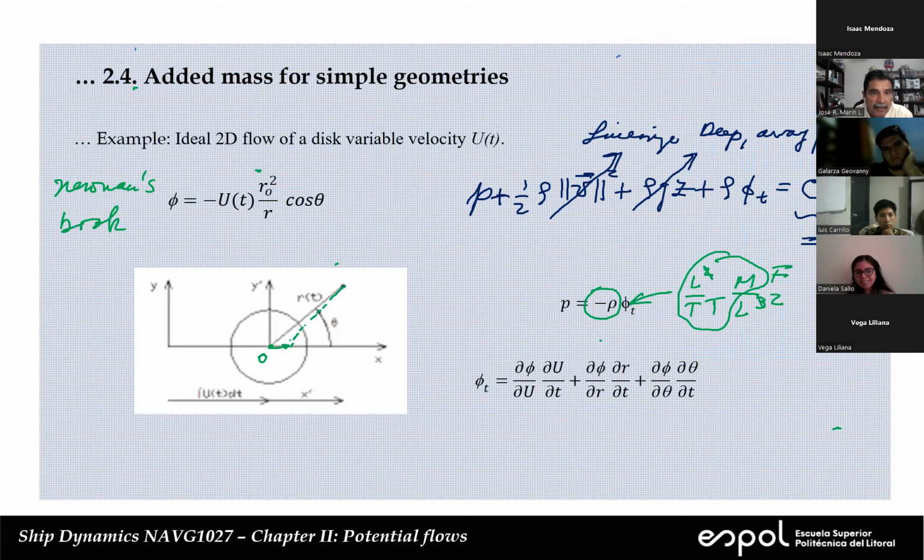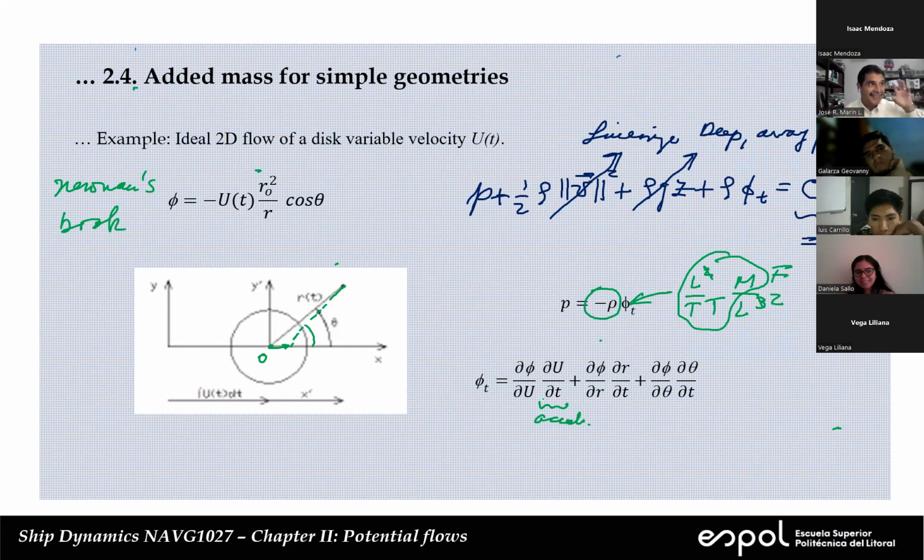Similarly with the angle, this angle changes to this angle. So if we want to get the derivative with respect to time, this is what we have: partial of phi with respect to u times du/dt, etc. Now, you can recognize immediately that this term is equal to the acceleration.